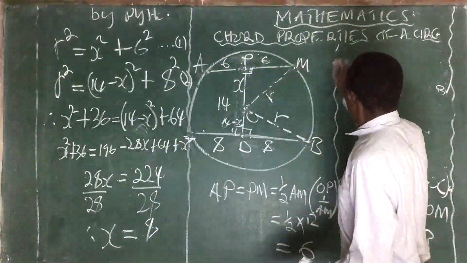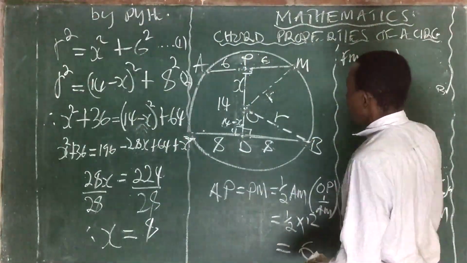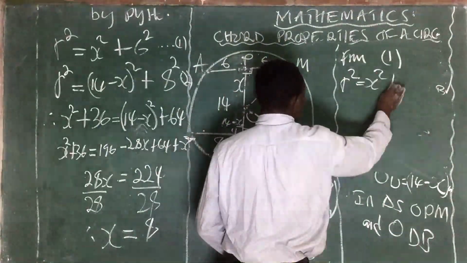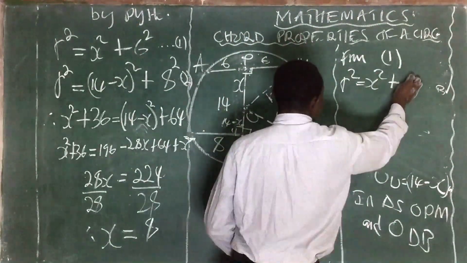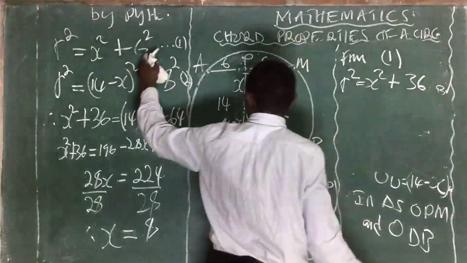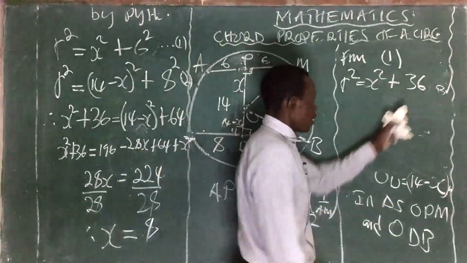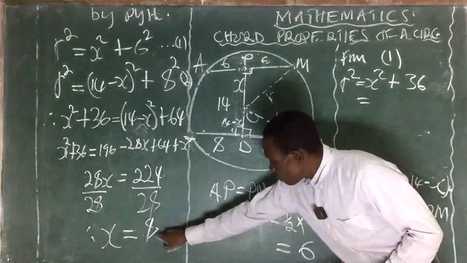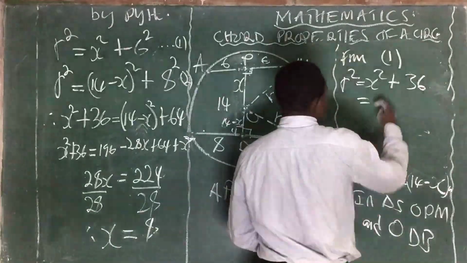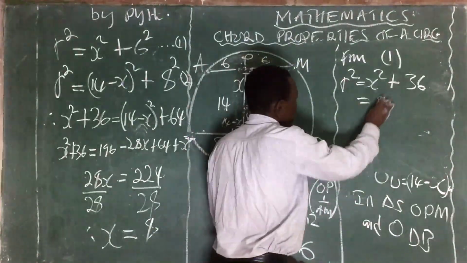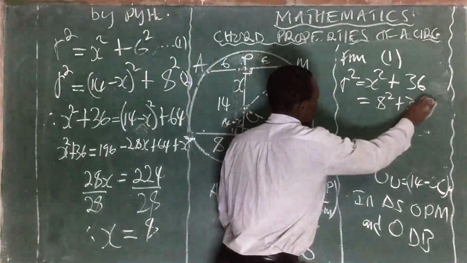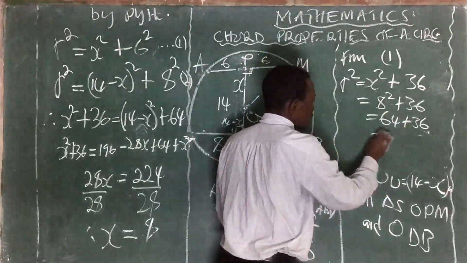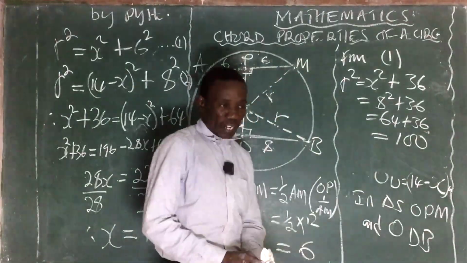You say from 1, where we have R squared is equal to x squared plus 36, for 6 squared here is just 36. So what we do is just take the value of x, which is 8, and substitute it here, which would be 8 squared plus 36. This gives you 64 plus 36, and the answer we have here is 100.